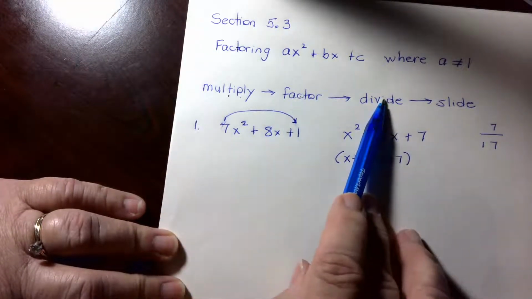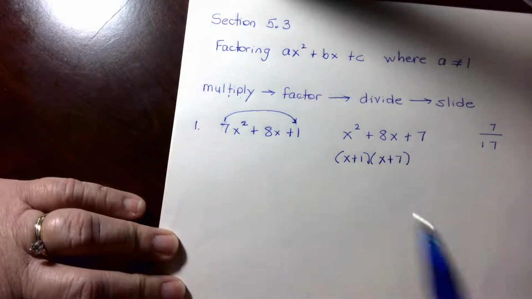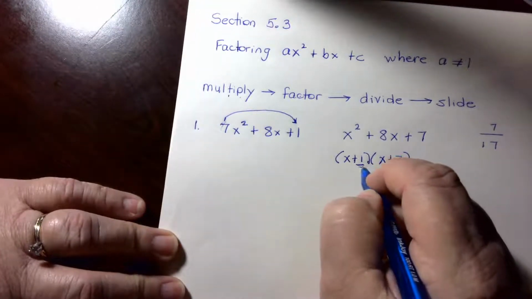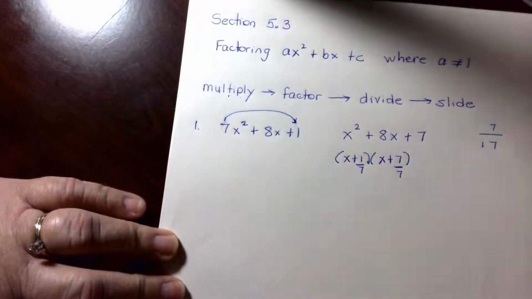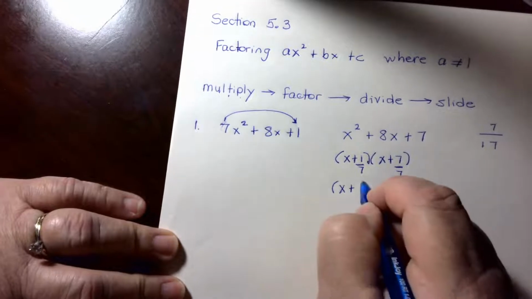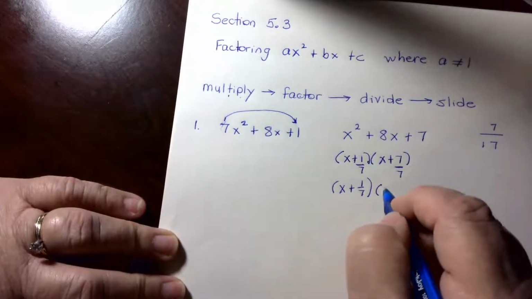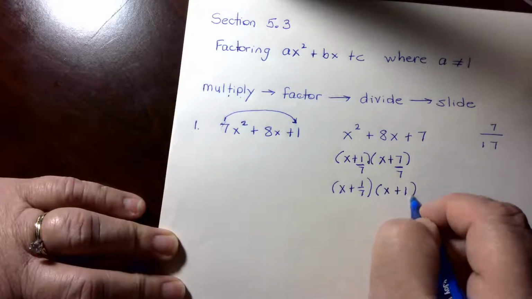The divide step. Whatever you multiplied by, we're going to divide both of these by that number. If it simplifies to a whole number, like 7 divided by 7 is 1, you do that.